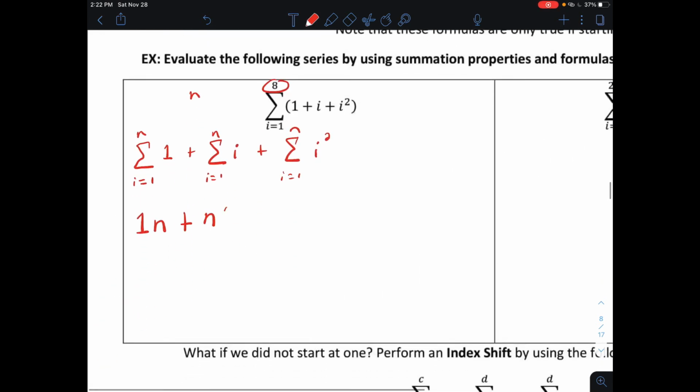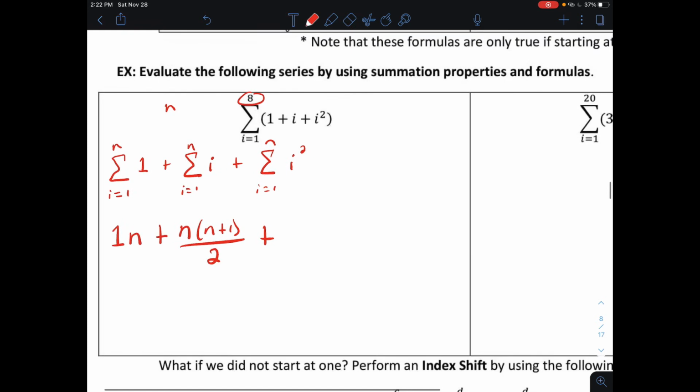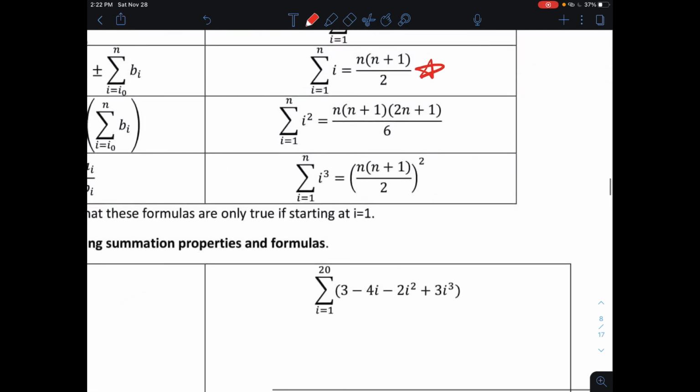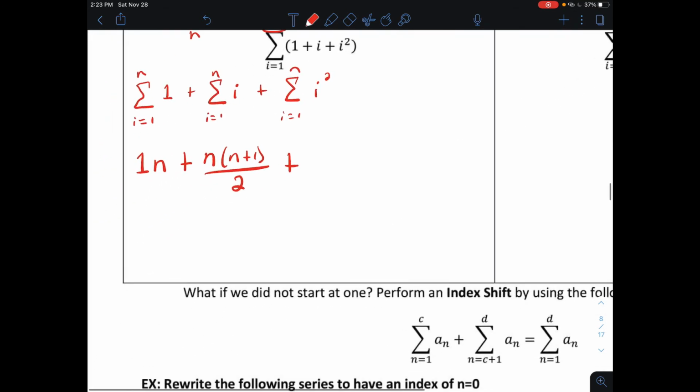So I have plus n times n plus 1 over 2. And then plus, for the summation of I squared, that summation formula is here, and I'm going to keep it in terms of n. So we have plus n times n plus 1 times 2n plus 1 over 6.